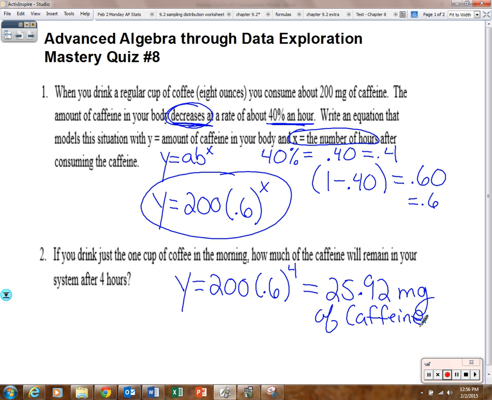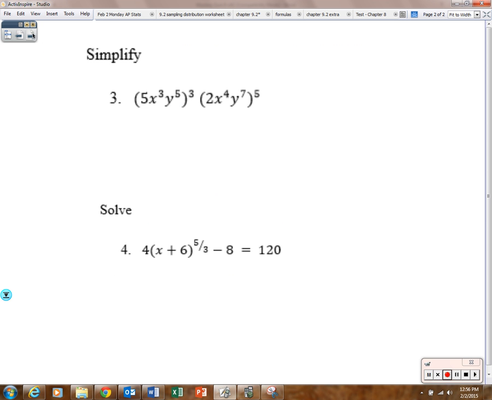All right, next. Simplify using your properties of exponents. Remember how this works. We've got grouping symbols here. There's no plus or minus signs inside here anywhere. This exponent goes to everything. That includes the 5. So 5 cubed, which is 125.